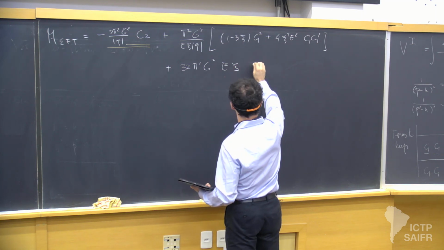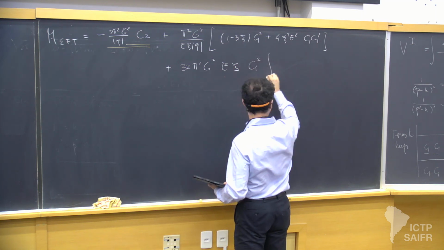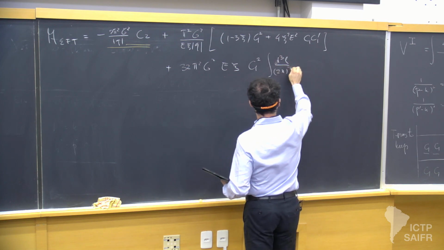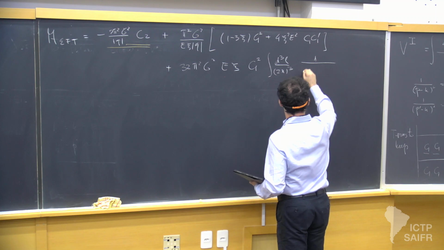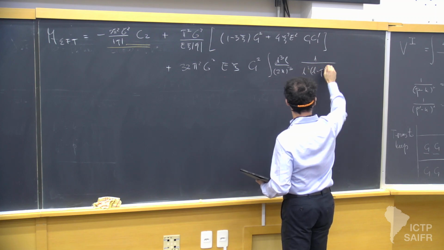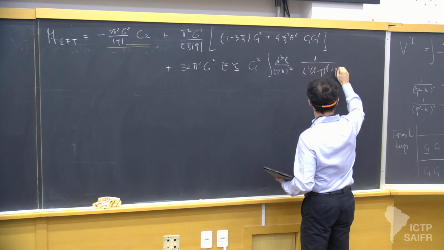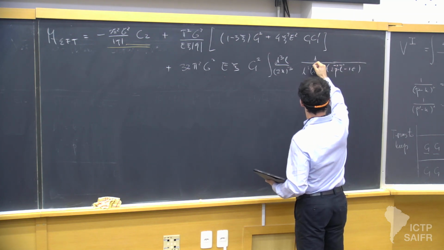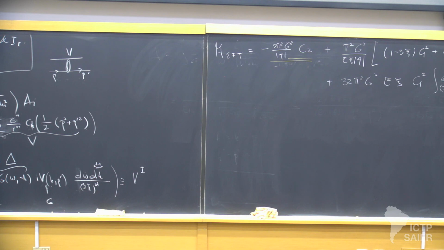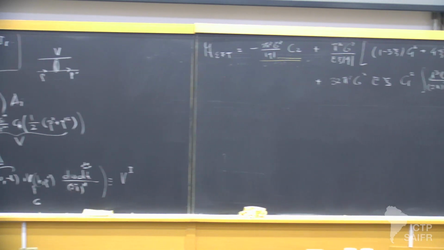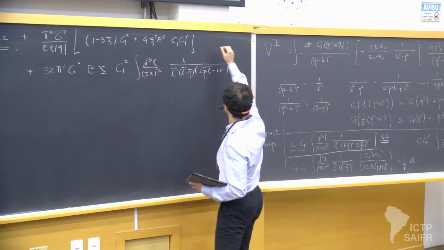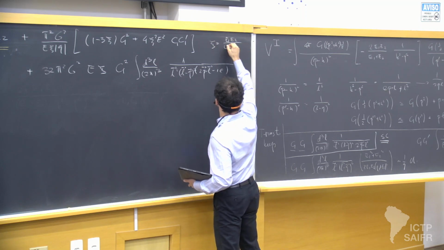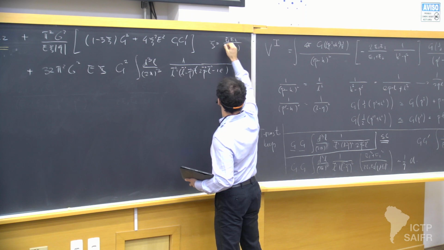I'm going to tell you in a second what psi is. C1 squared, and then the integral d^3 l over (2 pi)^3, 1 over l squared, (l minus q) squared, (2 p dot l minus i epsilon), to be pedantic. And that's it. So this is M_EFT, and psi is U1 E2 over (U1 plus E2) squared.